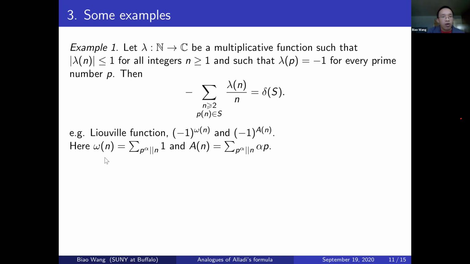Here, omega of n is the number of distinct prime factors of n, and a of n is such an additive function which was introduced by Alladi and Erdős in 1977. And actually, -1 to the a of n is the first example I studied.